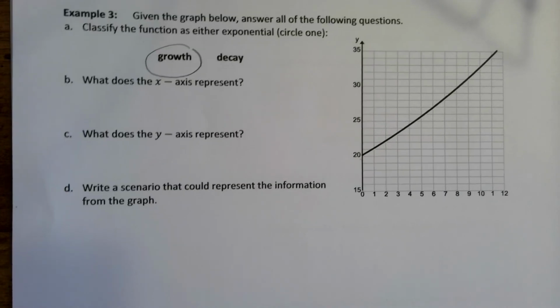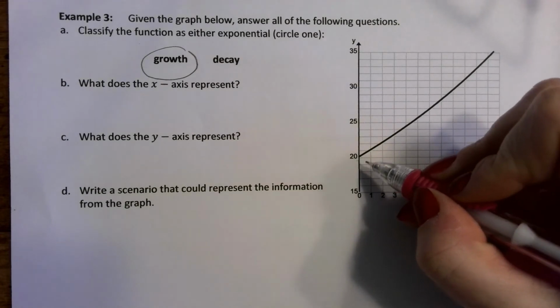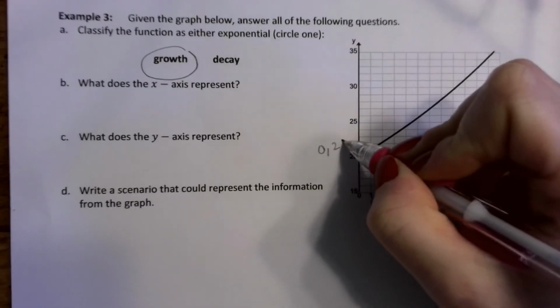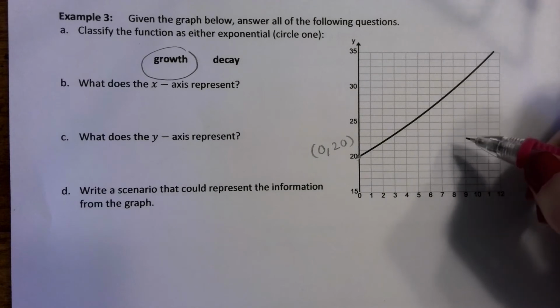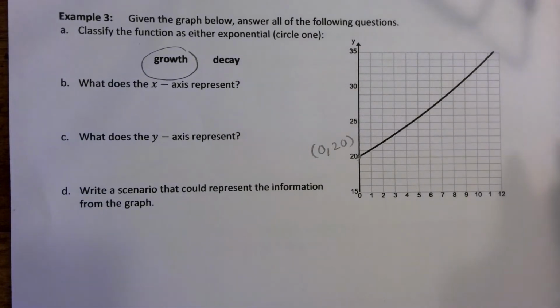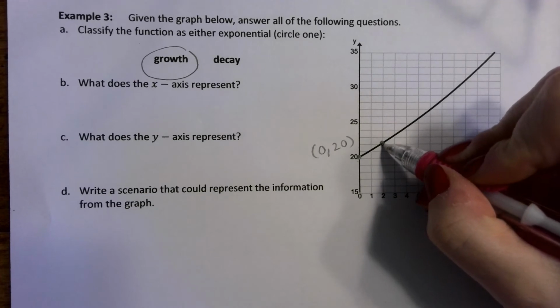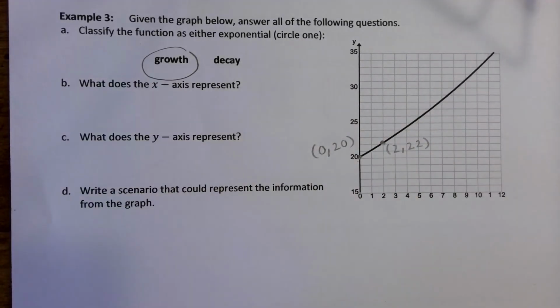The first thing I'm going to do is start off with finding my starting point. So looking at my graph, it looks like it's starting here at 0, 20. And then I'm going to find one other nice point. So usually you'll be able to find a few nice points. It doesn't matter which one you choose, just pick one nice point. So it looks like I have a point here at 2, 22.